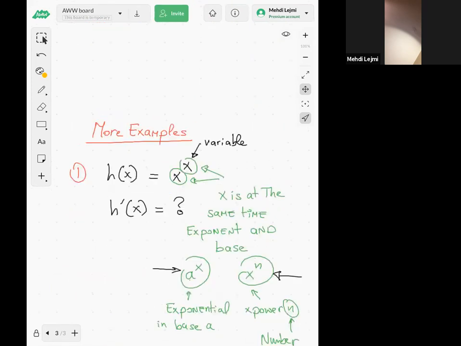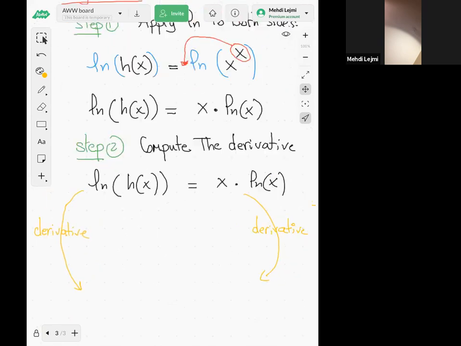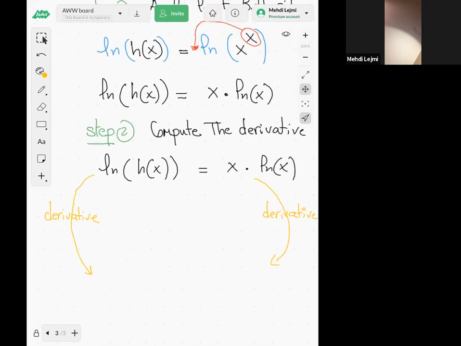So remember, guys, we said we have this rule. Well, it's not here, it's in the last page. Remember when we said natural log of g of x? So let me just remind you here. If you have natural log of g of x, then the derivative, we said, would be g prime of x over g of x.